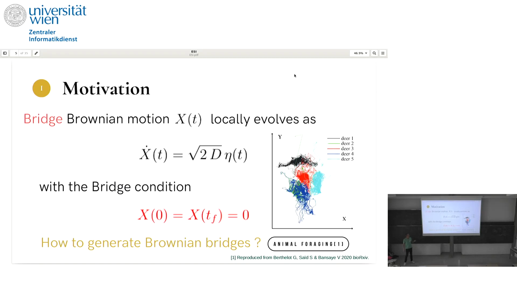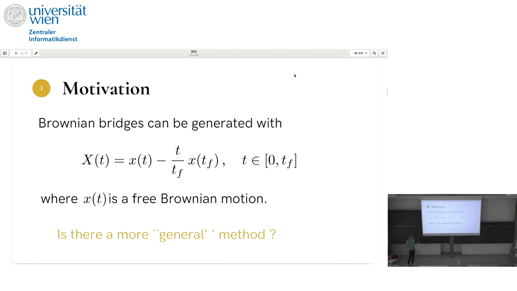This is a long-standing question, it has been studied a long time ago, and there is actually a mapping that can be done between a free Brownian path, x(t), and a bridge one, X(t), through this formula. Tf is fixed, and t is the time.